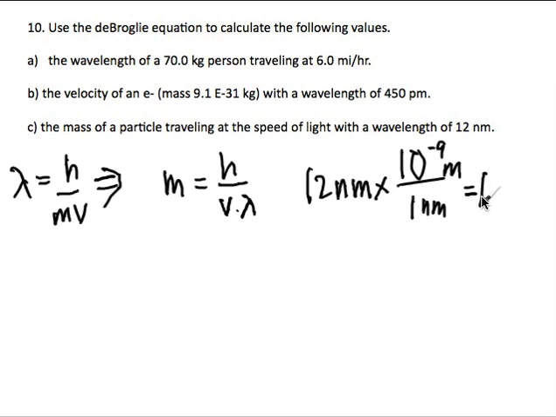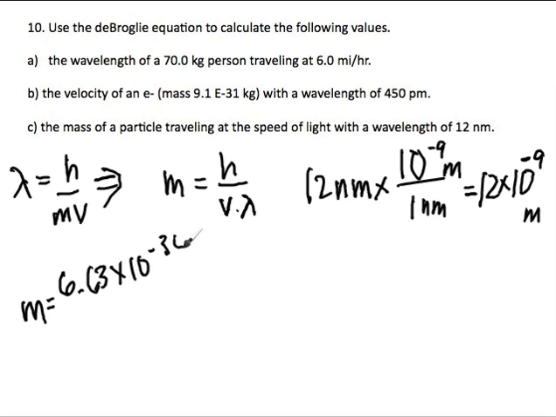So 12 times 10 to the, make sure, negative 9 meters. So now we have all the information we need, so we can do mass equals Planck's constant over the velocity, which is the speed of light.